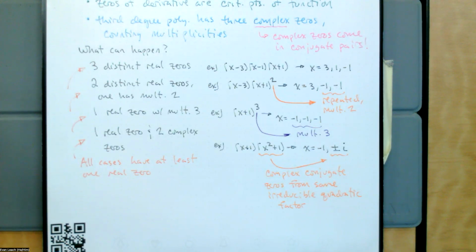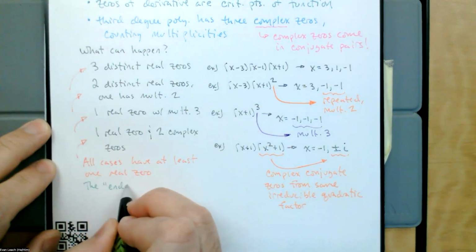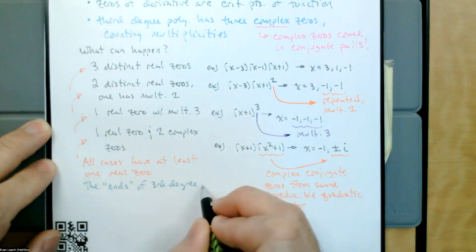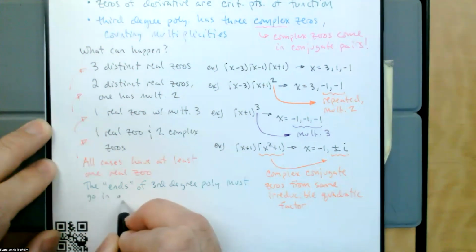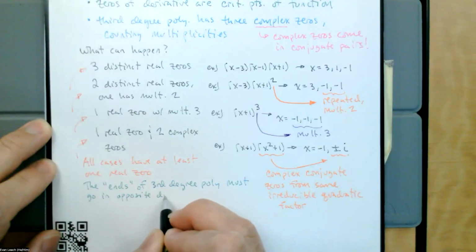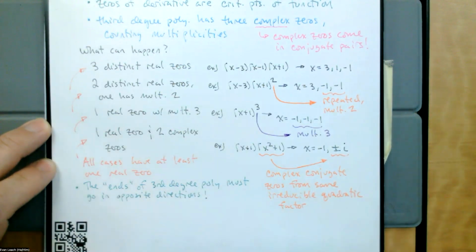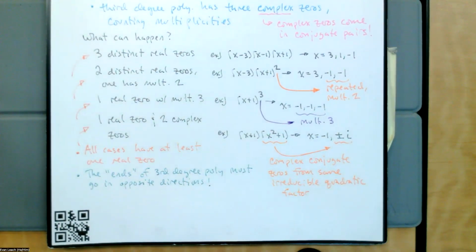With an odd degree polynomial, like a third, the ends have to go in opposite directions.